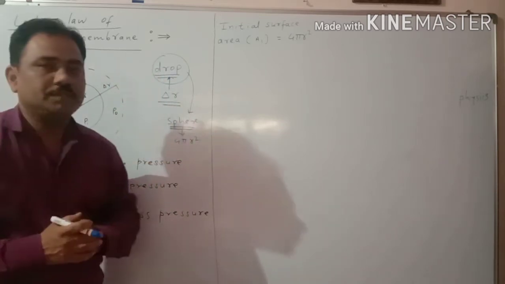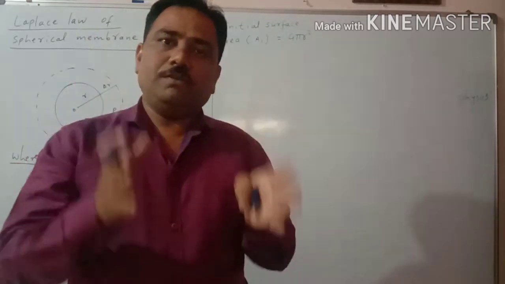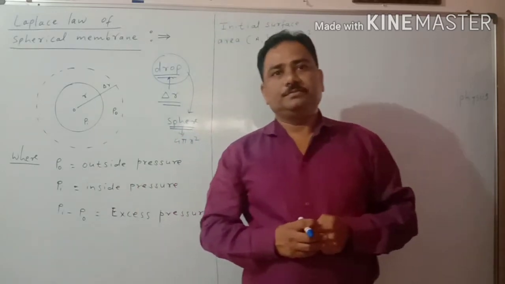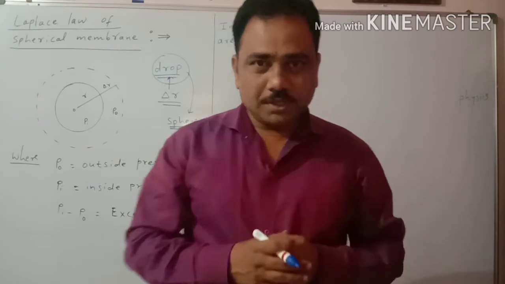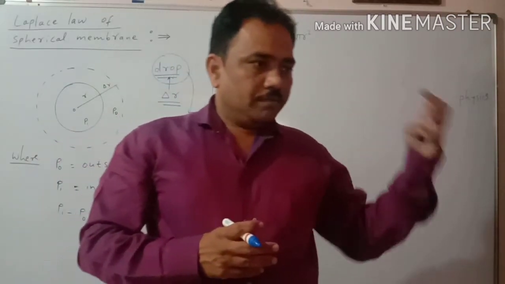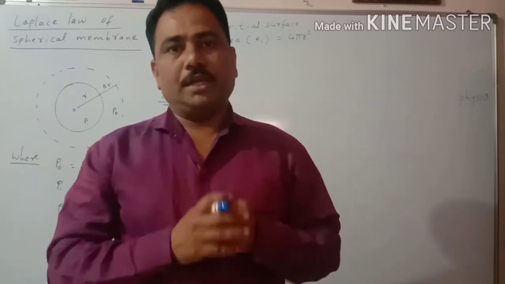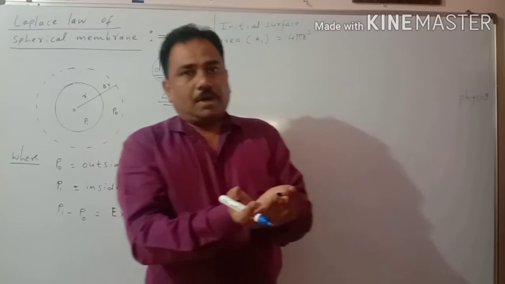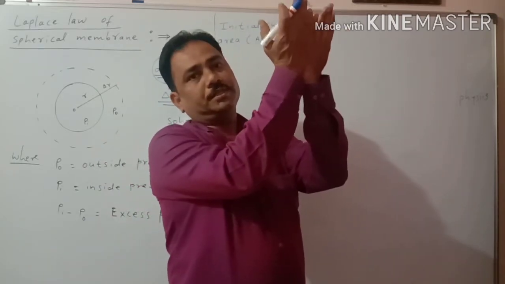We have seen in surface tension that liquid drops, or we can say bubbles, are always in spherical shape. What is the reason behind it? Obviously surface tension. Suppose you have water on your palm and you throw it in an upward direction.